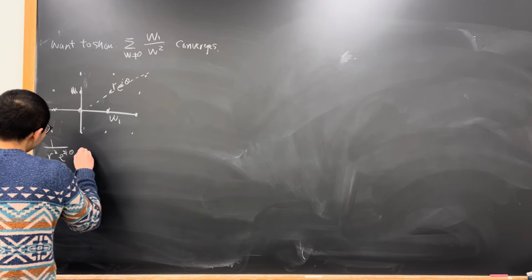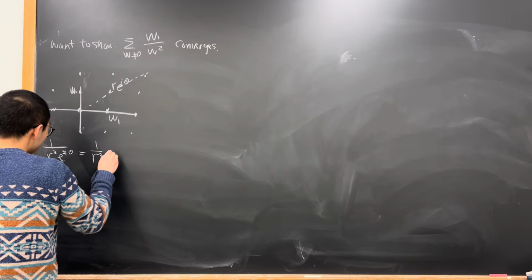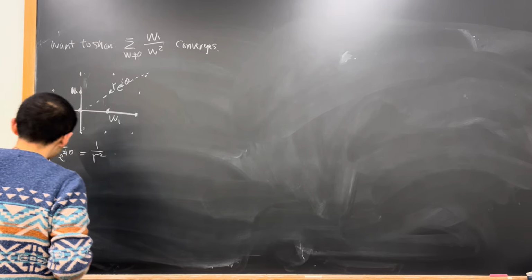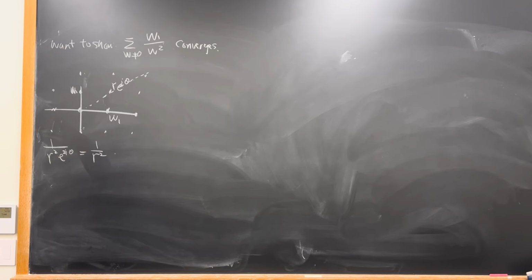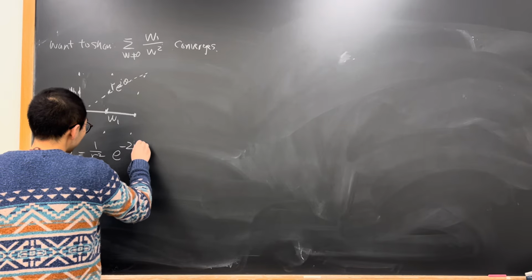So what will happen? Roughly speaking, it is 1 over r squared. So what happened to this 1 over e to the i theta? Namely, r squared times e to the negative 2i theta.